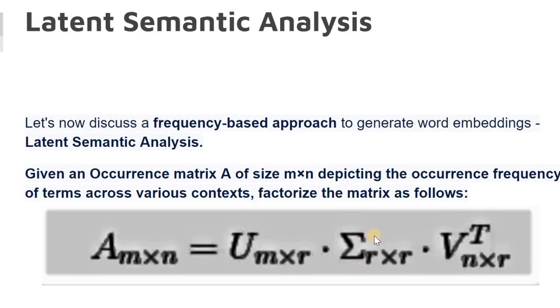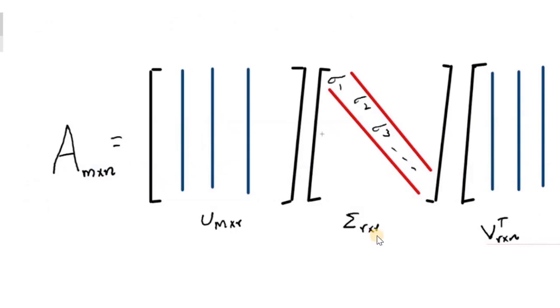I will better explain this with a diagram. I have split this into U m cross r, sigma r cross r, and V transpose r cross n. As I mentioned, we can get this U m cross r by multiplying A into A transpose.